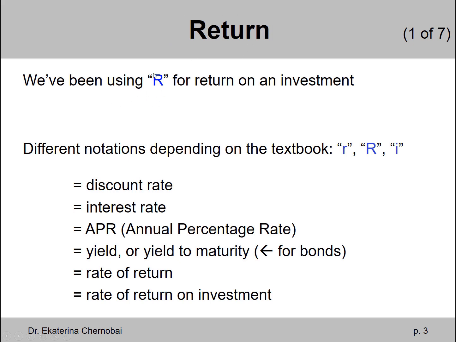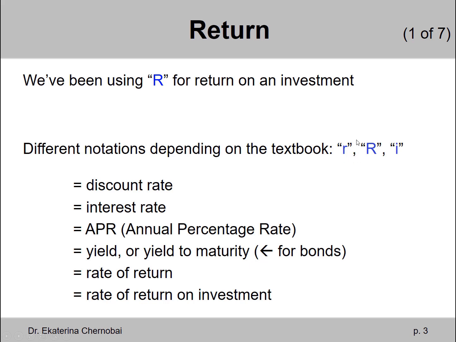We've been using capital letter R to denote return on an investment. Maybe some of you have been Googling for some topics to clarify in your head what certain topics are. Or maybe you've been watching some YouTube videos, whether they're mine or not mine. Maybe you have noticed that depending on the textbook, a different notation may be used for return.